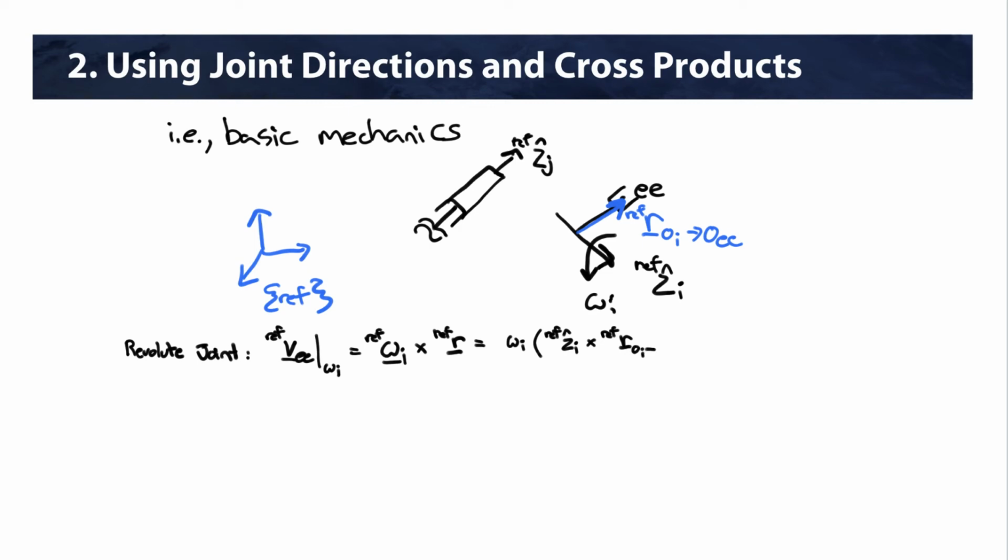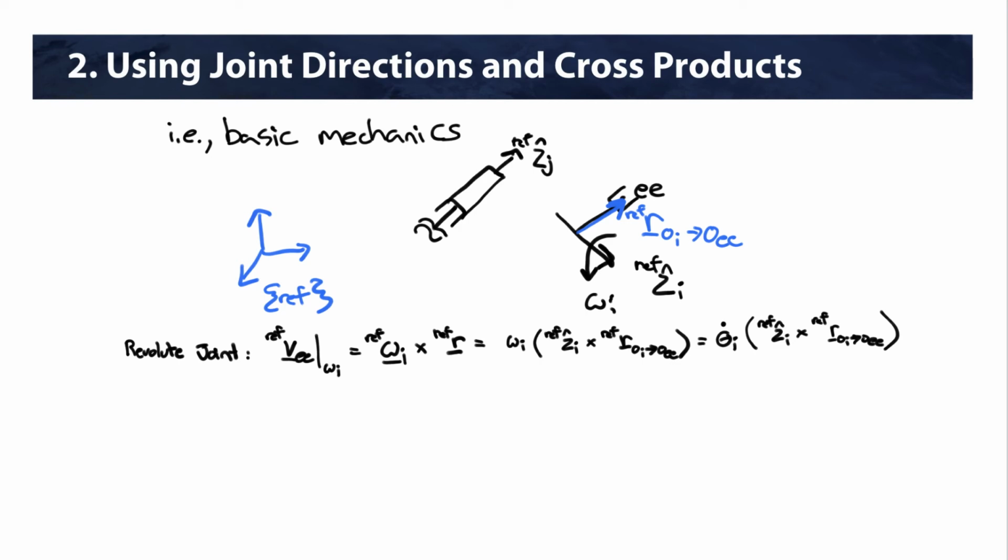So it's from the origin of i to the origin of the end effector frame. And omega i is the same as theta i dot. So that is the translational component of our velocity on the end effector due to our rotational joints.